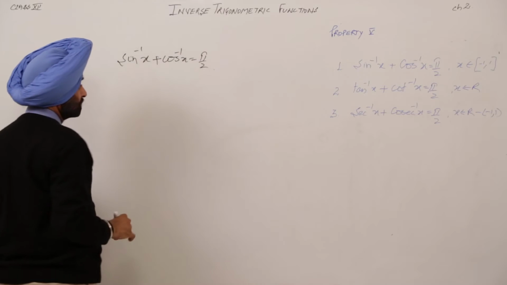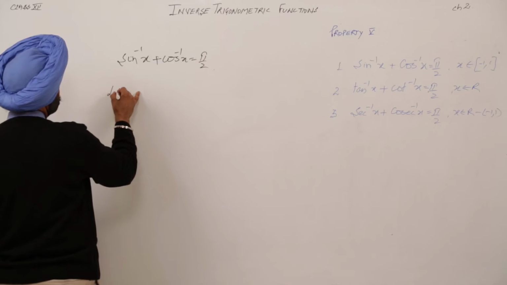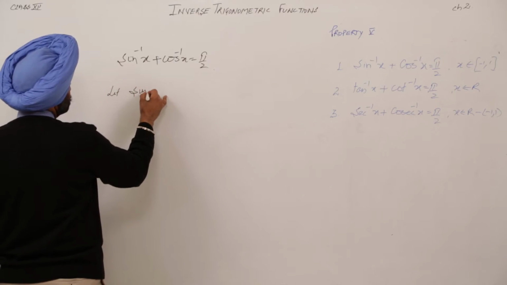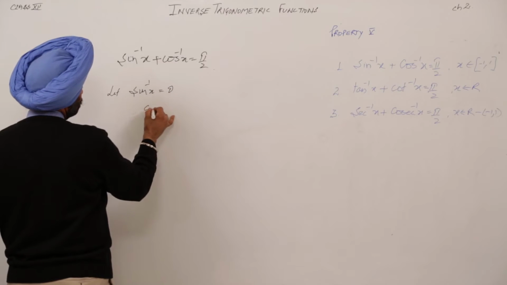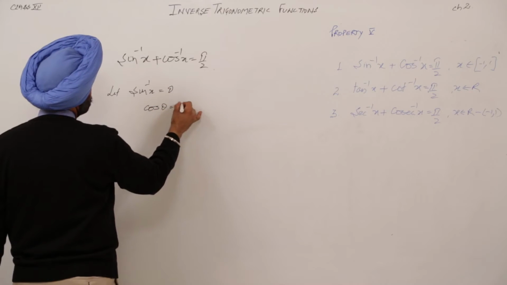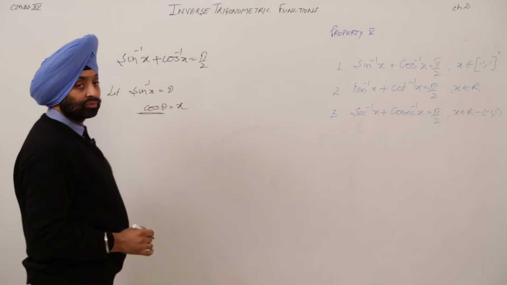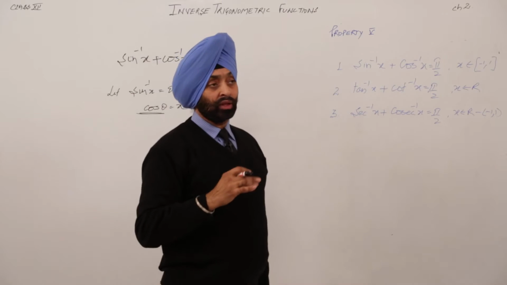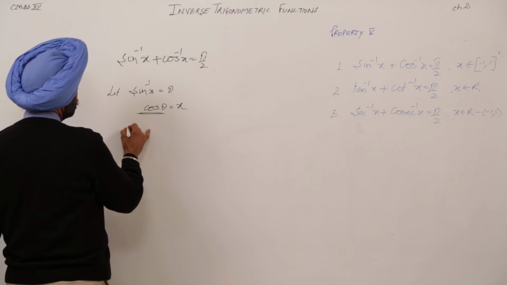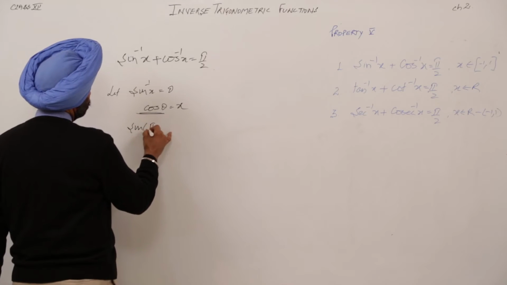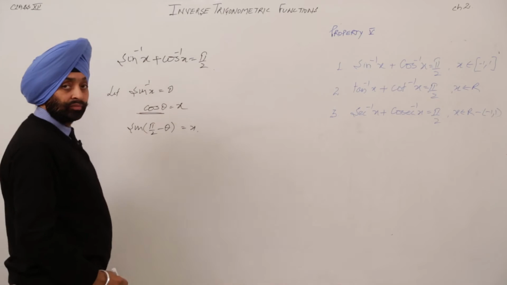Now what we can do here is write: let sine inverse x be equal to theta, then cos theta is equal to x. Now according to class 10th, what can you write in place of cos theta? In place of cos theta, we can write sin of pi by 2 minus theta. This we have done in class 10th.